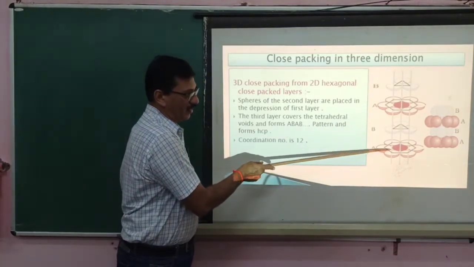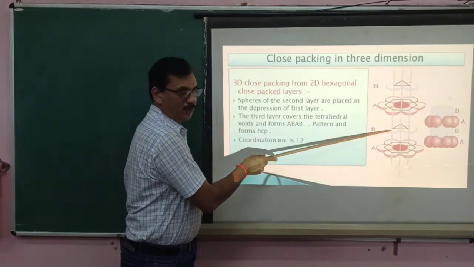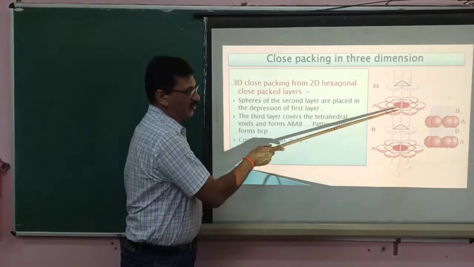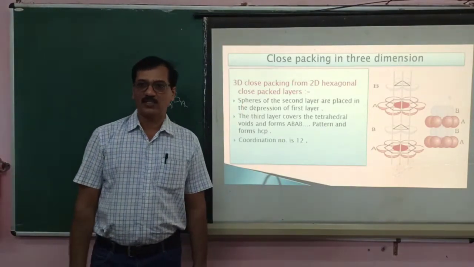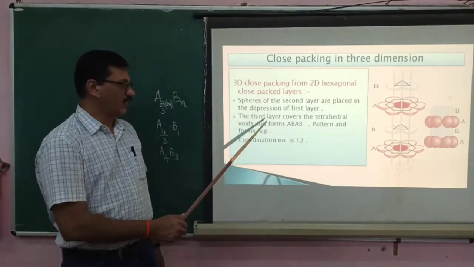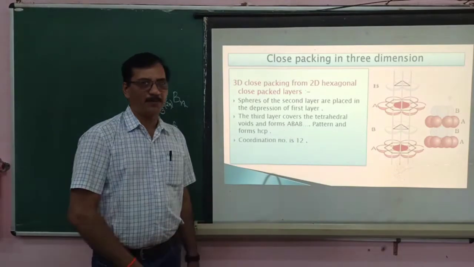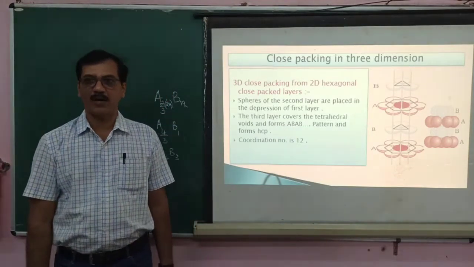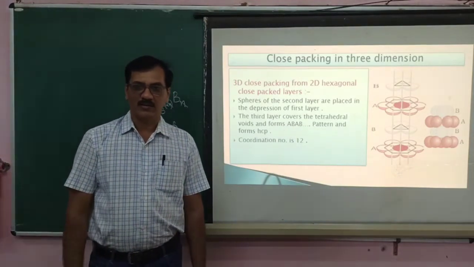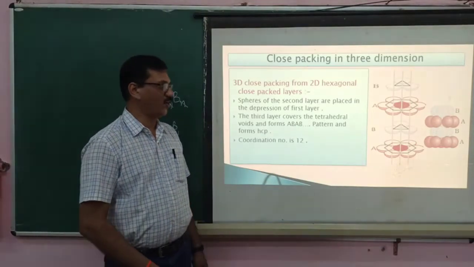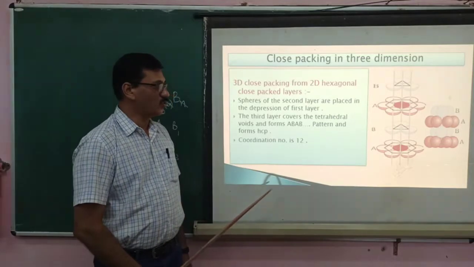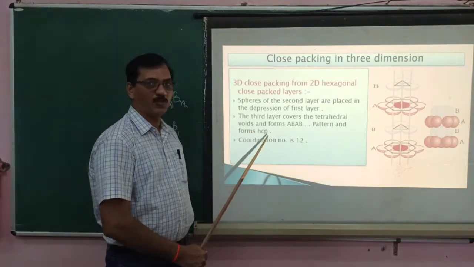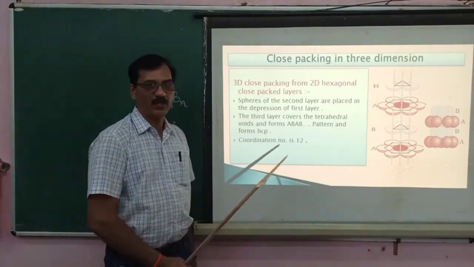For first A depression, it is being taken, and in this depression, this is being taken. In this way, if 3-dimensional arrangement is being made, right? So this is called AB type of formation, and for such kind of arrangement, coordination number will be 12. And this is called hexagonal close packing, called HCP.